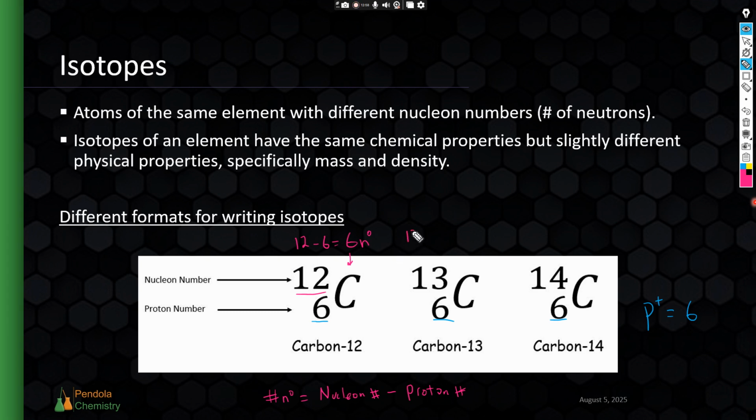Carbon-13, on the other hand, has 13 as its nucleon number, minus 6, which is its proton number. That means we have 7 neutrons in carbon-13. And then carbon-14 has 14 as its nucleon number and 6 as its proton number. And so 14 minus 6 means that we have 8 neutrons in that carbon. So this is something that we should be able to easily figure out using critical thinking.